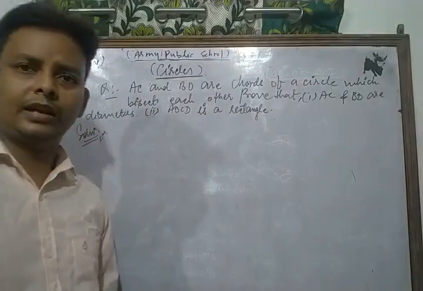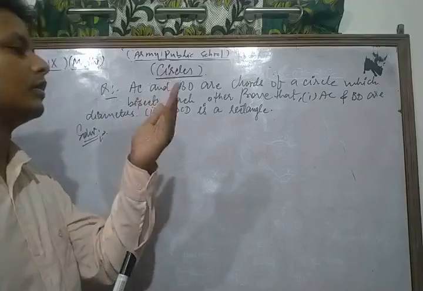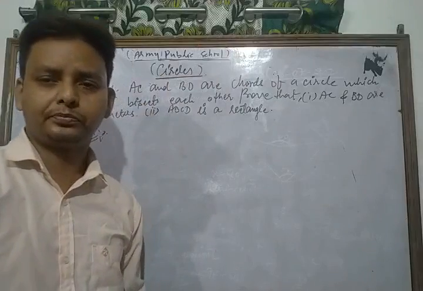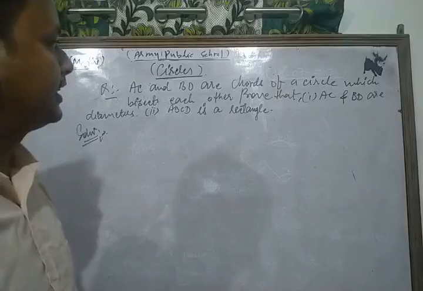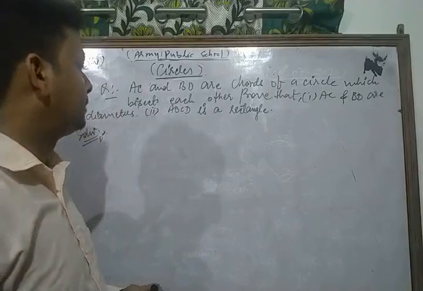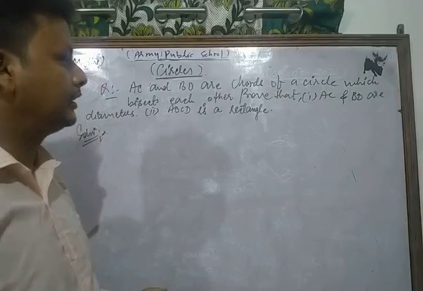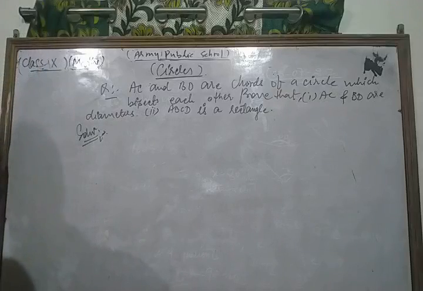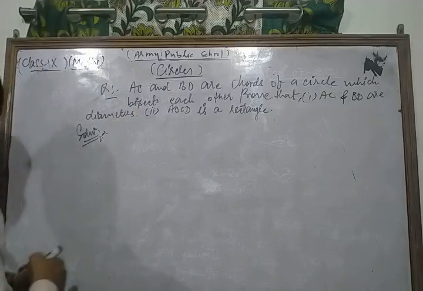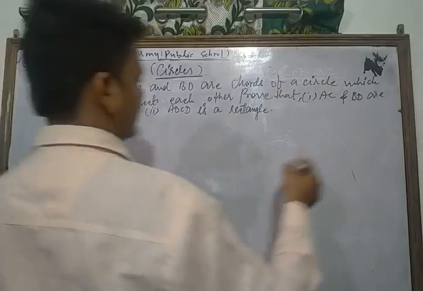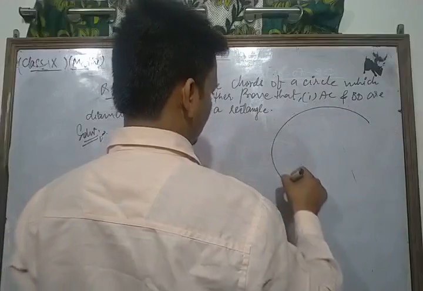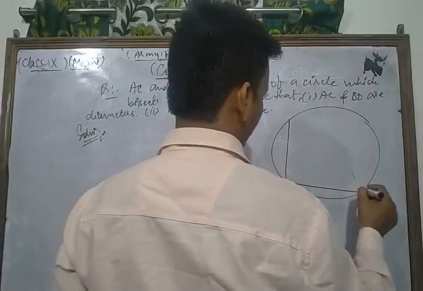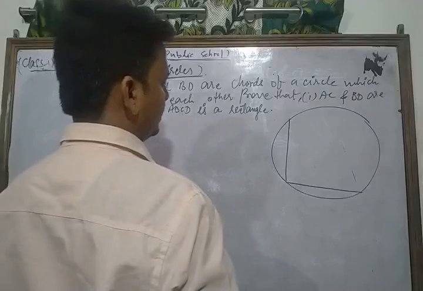Dear student, in this question, AC and BD are chords of a circle which bisect each other. Prove that AC and BD are diameters of the circle. Your figure is already given here. This is a circle, and ABCD is a cyclic quadrilateral.